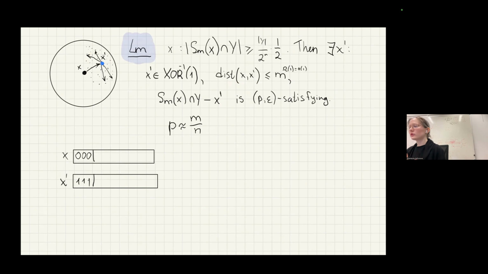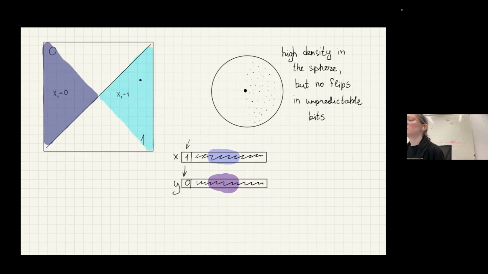So this is rather informal, but I just wanted to give you at least some intuition of how this is proved, because I think this looks even more mysterious than the block unpredictability things. But the procedure of how to get this new center of the sphere is quite simple. If you see some bits appear too often, maybe that's the sign of what they really should be. And this actually fixes our problem right here.